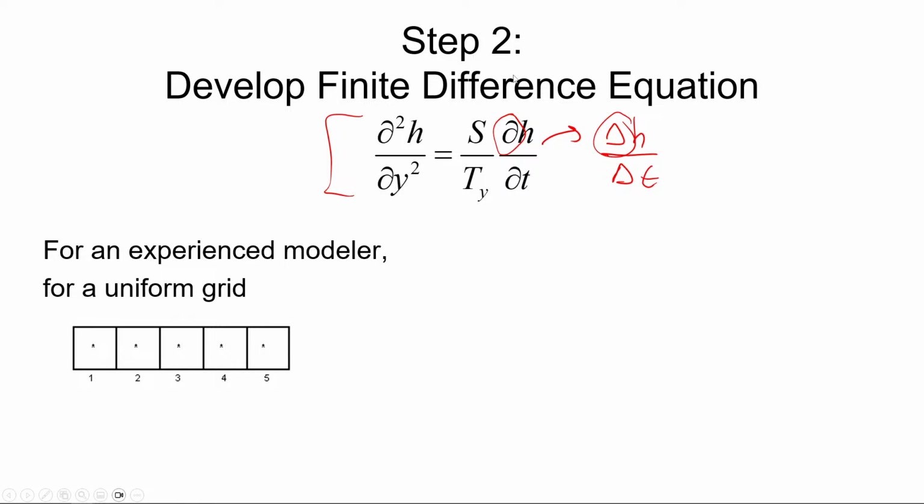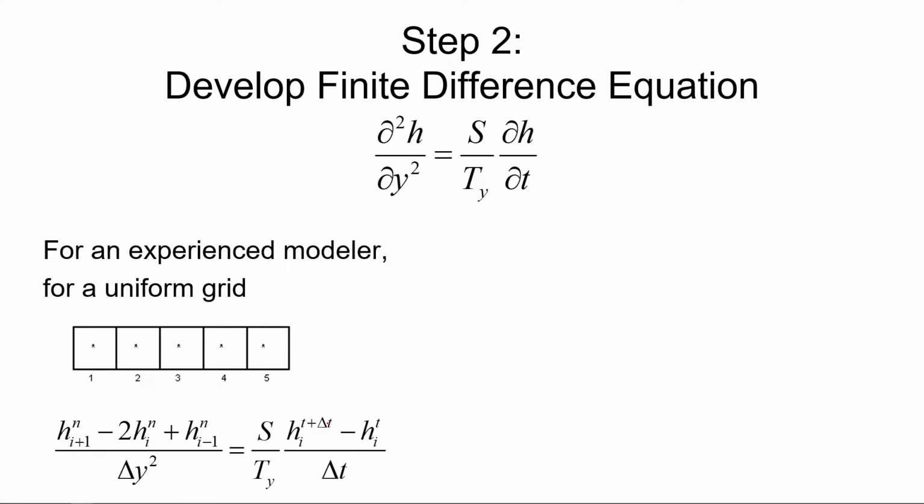So an equation like this can basically be approximated as something like this. And you know where this came from, because that is partial h over partial t, which is approximately equal to delta h over delta t. So delta h, that would be h at i.